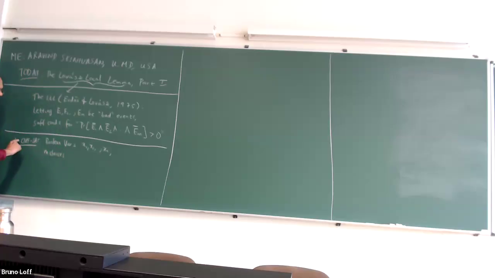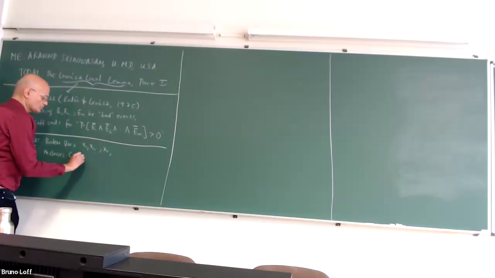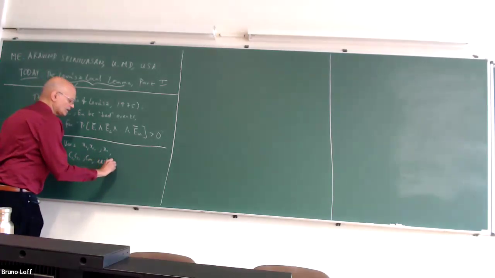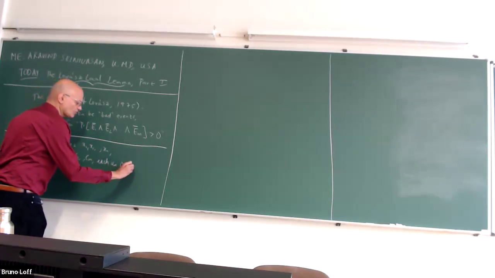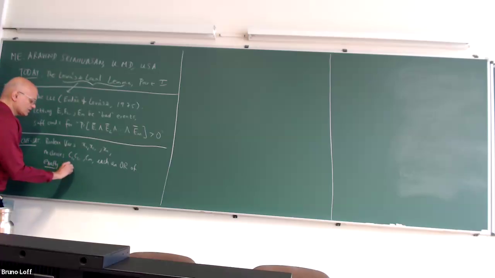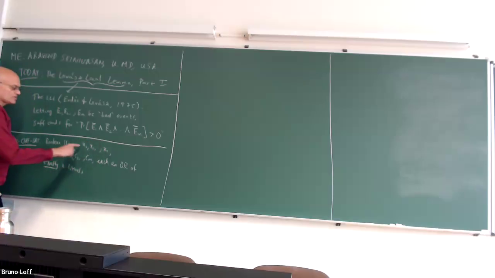Think of k as a small constant, if you like, or a slowly growing function of n. Each clause has exactly k literals, where a literal is either an x_i or an x_i complement.